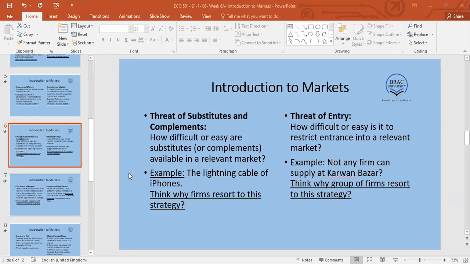It can serve a certain number of customers. It can't serve more than that in the short run. So only a certain number of firms can survive in Karwan Bazaar. That's an economic argument. So what we are going to look at is the threat of entry in Karwan Bazaar, and how strategies are devised in order to restrict the entry.